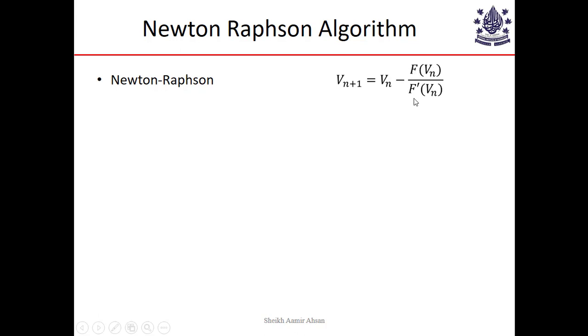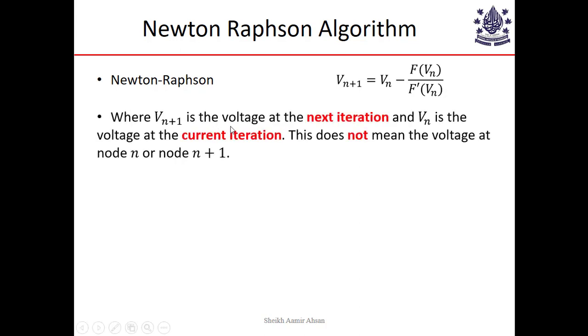So this is the function, this is the derivative of the function, and we plug in the values and find the value corresponding to the next iteration. Once we have found it, we plug it back in, calculate the value for n plus 2, and so on, as long as we make sure that two consecutive iteration values are close enough, within the permissible tolerance.